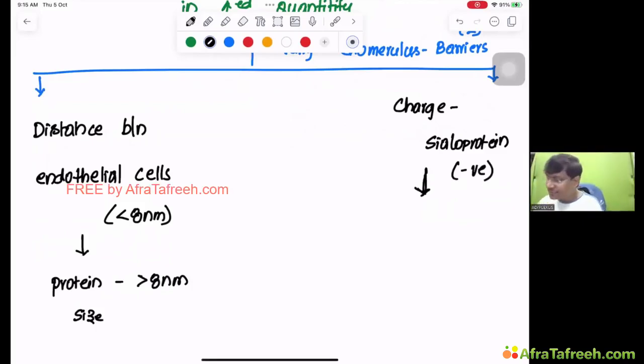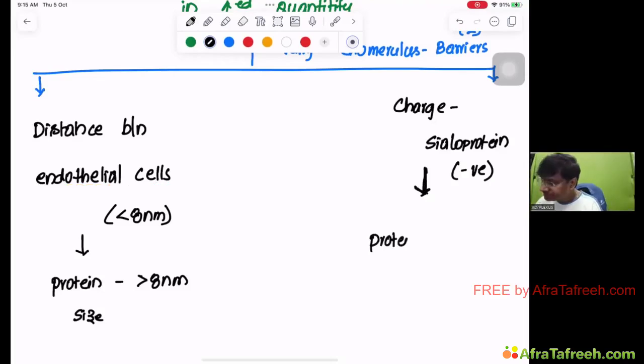And please remember that the proteins are also negatively charged.